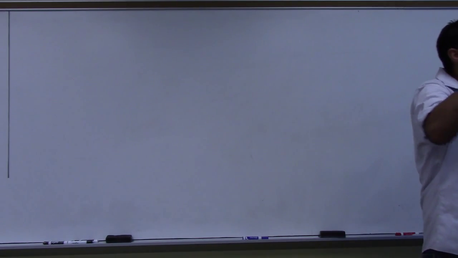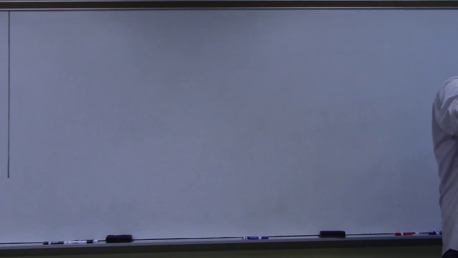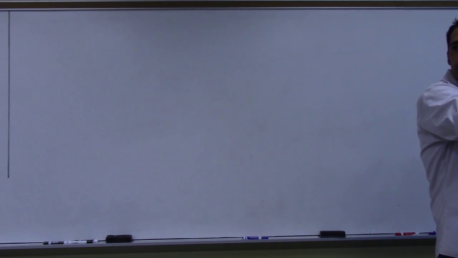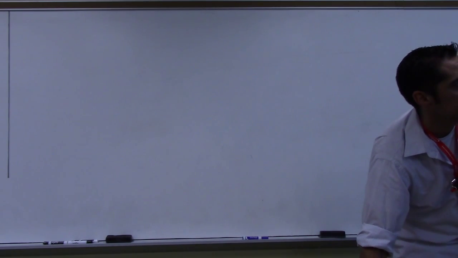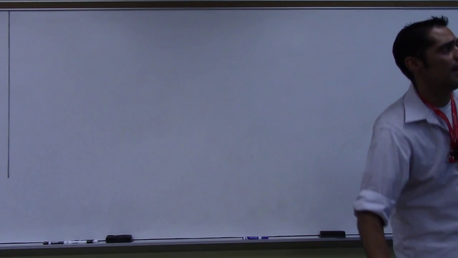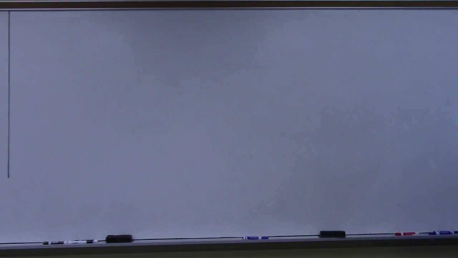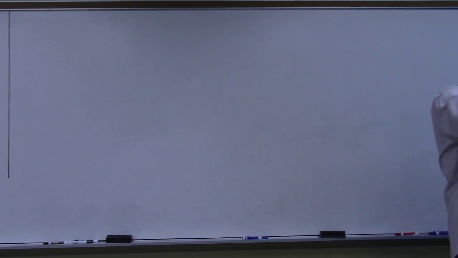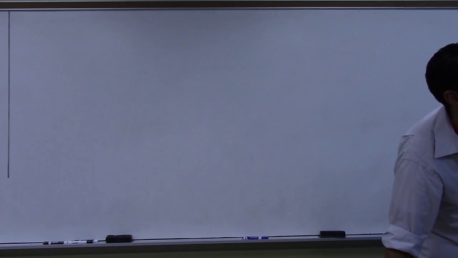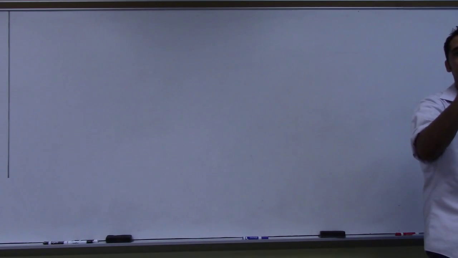If I were to zoom in, that green line would only touch one point on the circle, wouldn't it? And that's where the idea of tangent came from. If I have a second point on that line, then I no longer have a tangent line, do I? And we call that a secant line. So the secant line passes through 2 points, whereas the tangent line passes through only one.